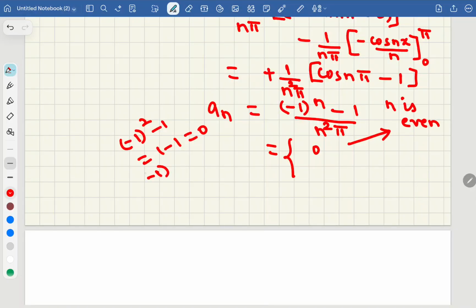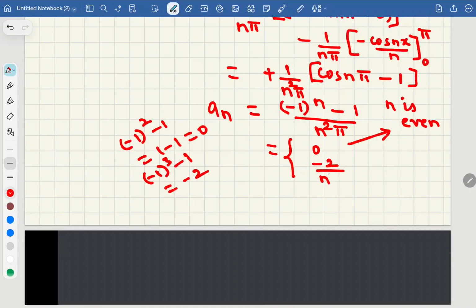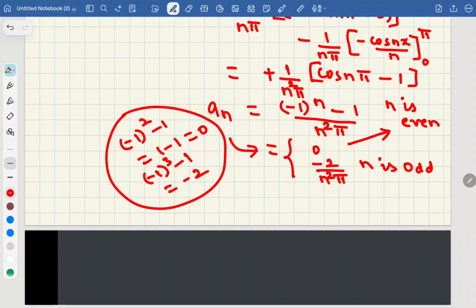If n is odd, minus 1 power 3 minus 1, minus 1 minus 1, minus 2, so minus 2 by n square pi if n is odd. Very important for both the cases, n is even and n is odd.